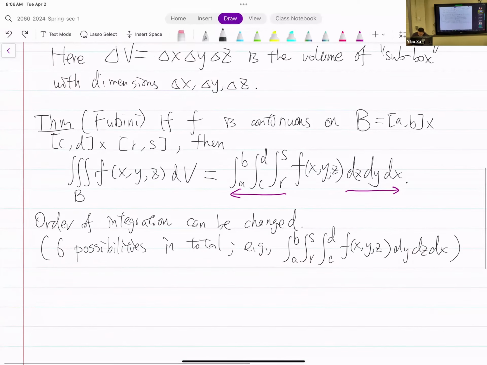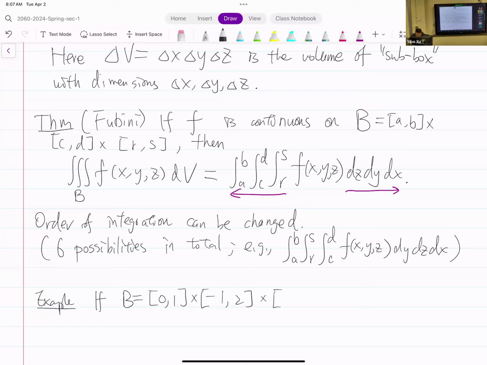If you have polynomial functions, it's also going to be really simple, like you have seen from double integrals over rectangles. So if B is the interval from 0 to 1, crossing the interval from -1 to 2, crossing the interval from 0 to 3, it just says the ranges of x, y, z accordingly.